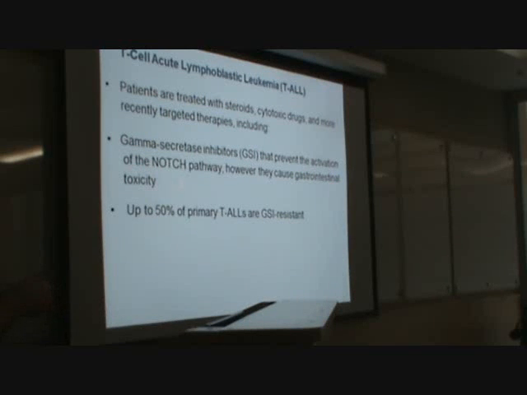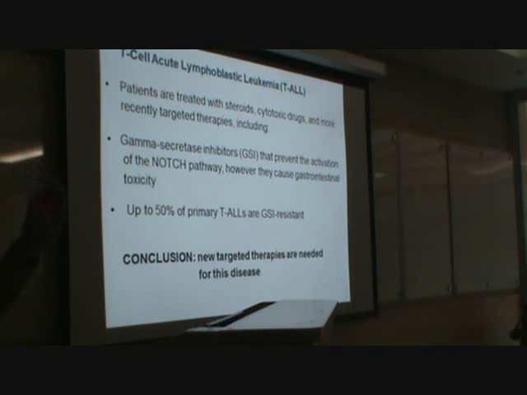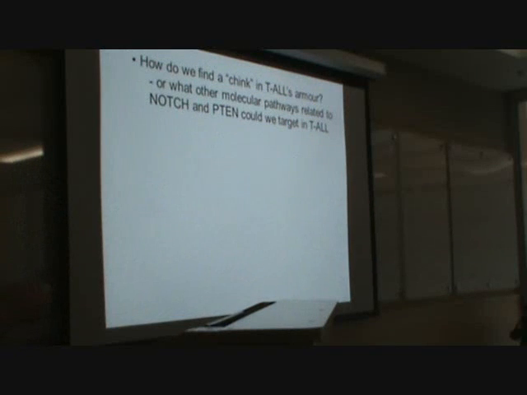And in fact, I think they're going to start combining this with steroids to reduce that gastrointestinal toxicity. But even if you did that, it's hard to predict up front whether that child is going to respond because you already have a 50% non-response rate. So our conclusion is that we need new targeted therapies, or we need to better apply those targeted therapies to the right patient population. And so how do we find this chink in TLL's armor?